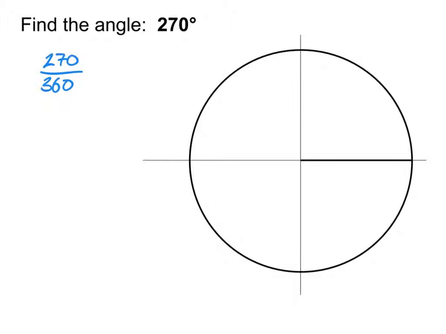If you did 270 divided by 360, it'd give you an answer of 0.75. Or perhaps something that's a little bit more useful to think about, 3/4. So in other words, 270 degrees is 3/4 of the way around the circle. So this is where 270 degrees is.